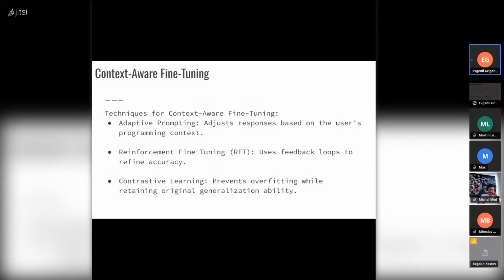For example, if you have some for loop which does nothing, or if you have some infinite loop, or it will give some rewards if the code is good. And there is contrastive learning that basically helps with generalization.